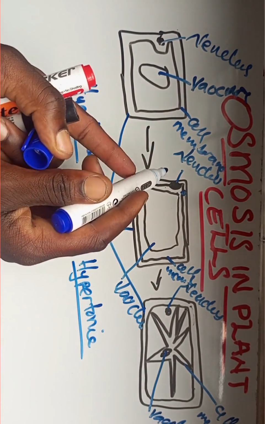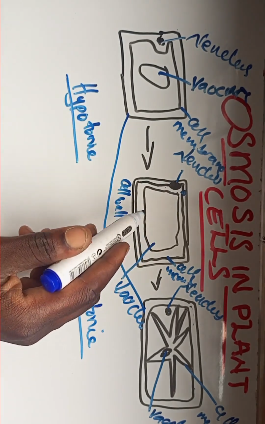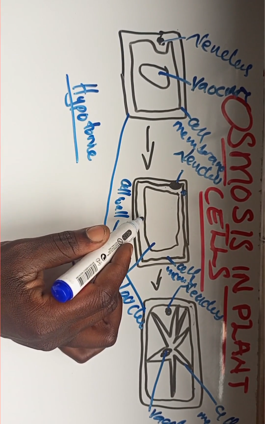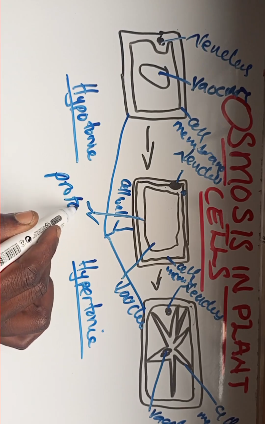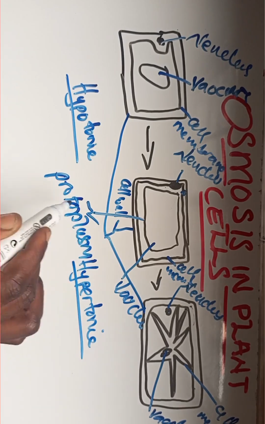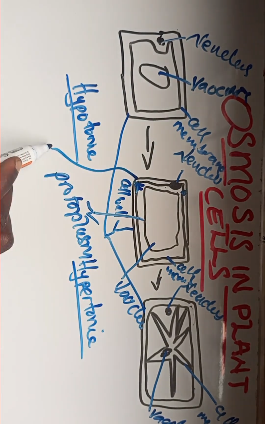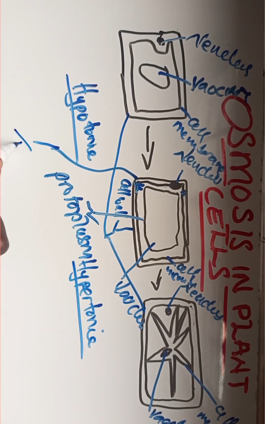Now when it attaches itself to the cell wall, it will undergo what we call turgidity.